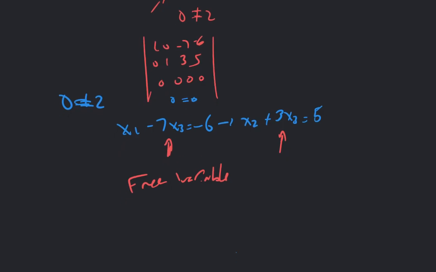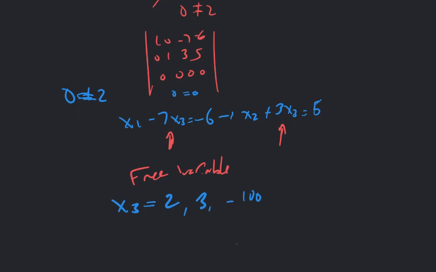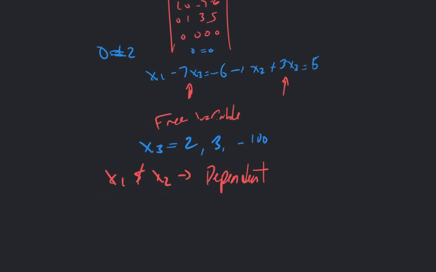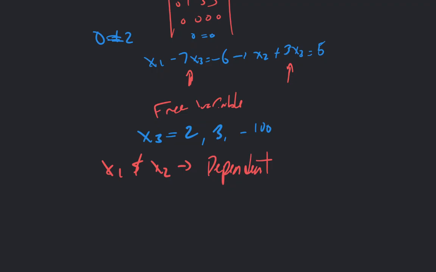A free variable can take on any value, so x3 can equal, say, 2 or 3 or negative 100, etc. x1 and x2, because they are in pivot columns, are known as dependent variables. They cannot take any value, so their value is inherently tied to x3, so we can write x1 is equal to negative 6 plus 7x3.